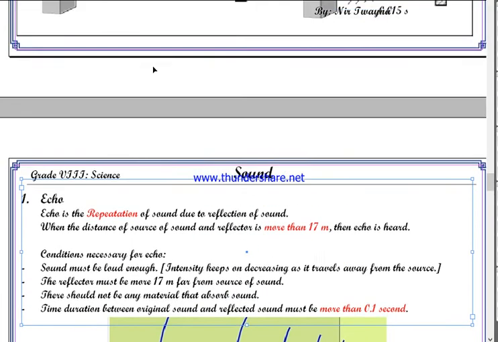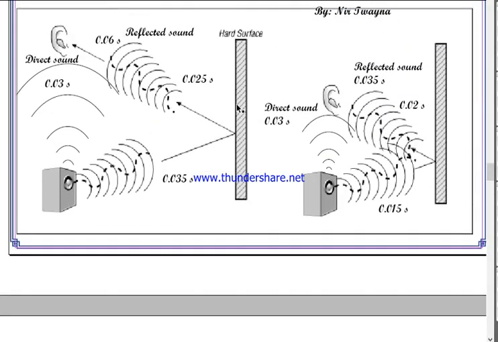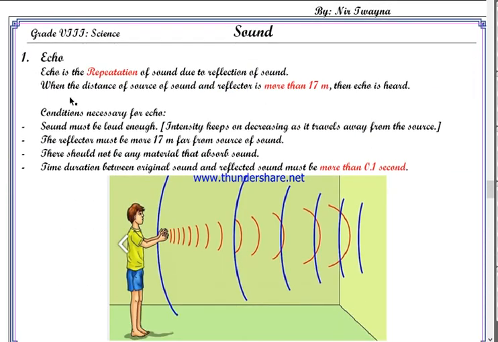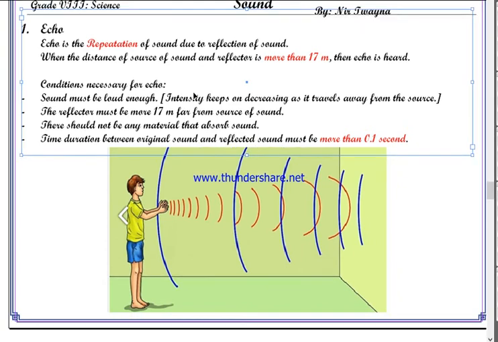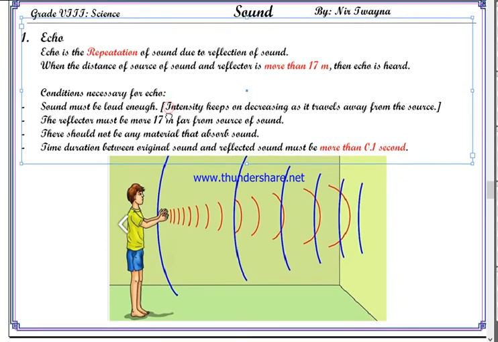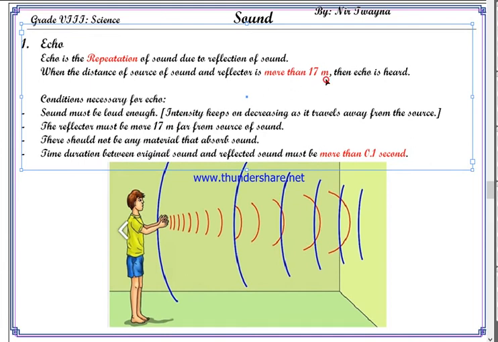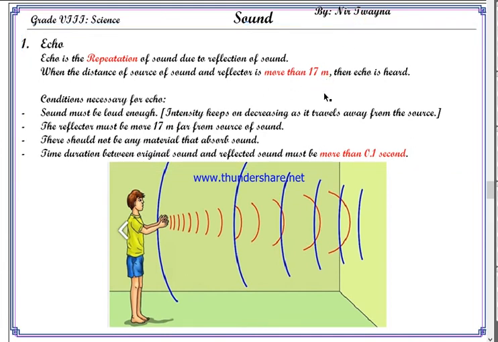And in this example we said that echo occurs only when the reflector is far from the source of sound. But if the reflector is nearer to the source of sound, then it does not cause echo, but it causes reverberation. It is estimated that for echo to occur, the source of sound and reflector must be more than 17 meters far from each other.